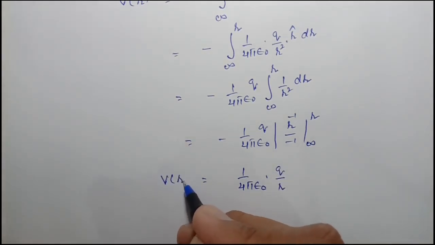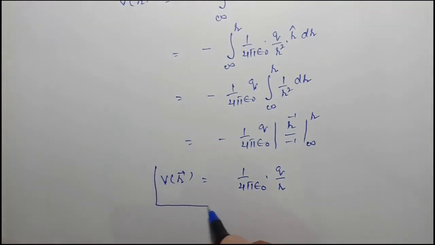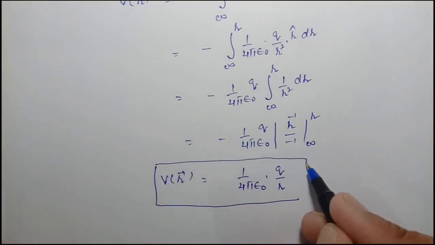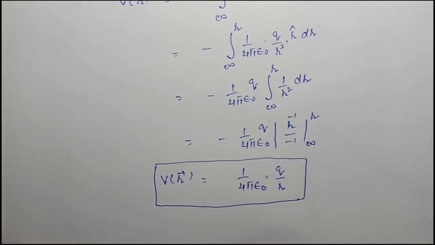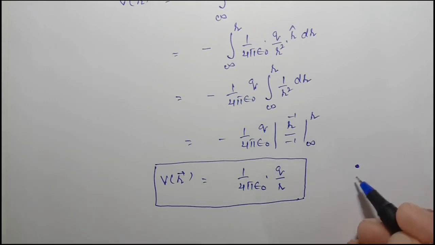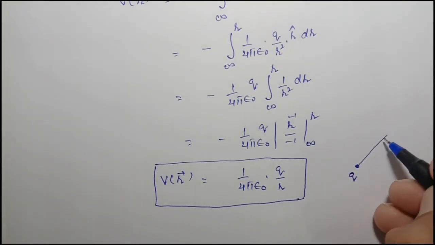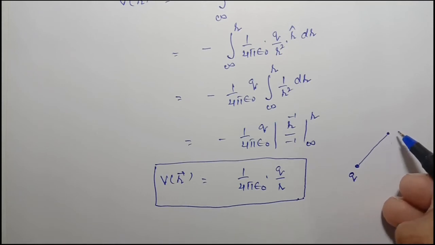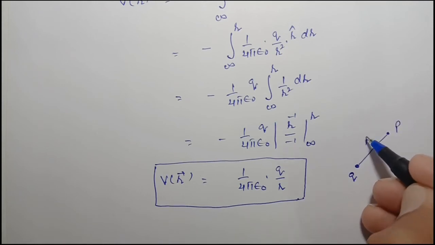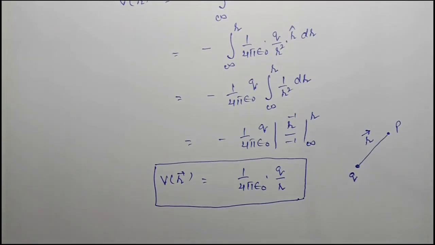So electrostatic potential is equal to 1 over 4 pi epsilon naught times q over r. So this is the case for a single charge, that is, suppose we have a charge q and we want to find the potential at this point P at a distance r.